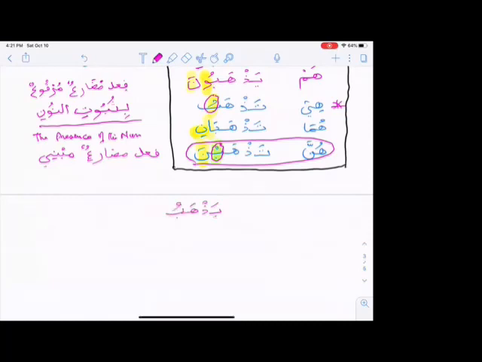This is he. He goes. And then we put waw and noon: yazhabuna. So this is very easy. Yazhabuna. No change. You don't have to make any changes. You'll say yazhabuna. And next time I will break it down and explain more about it, inshallah.